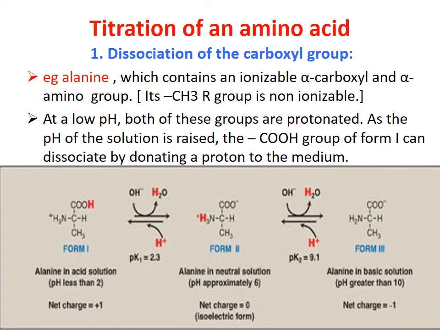Titration of amino acids. As you know, amino acids have two dissociable groups, the carboxylic group and the amino group.